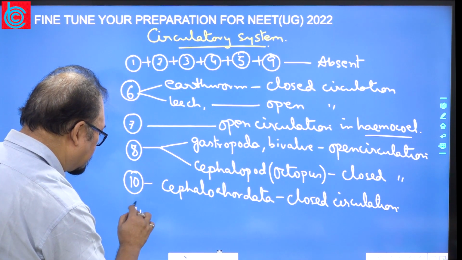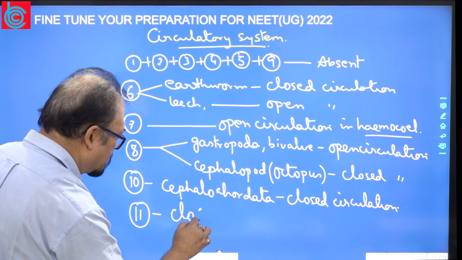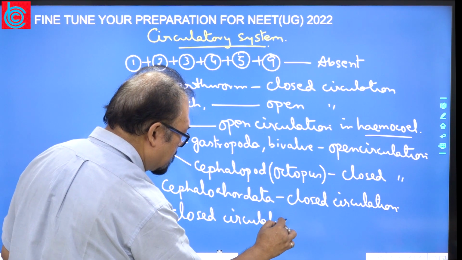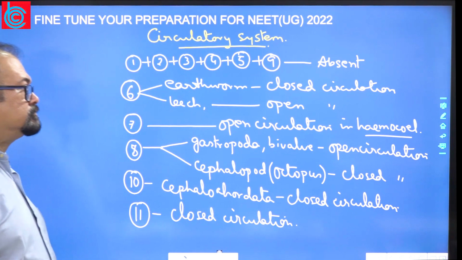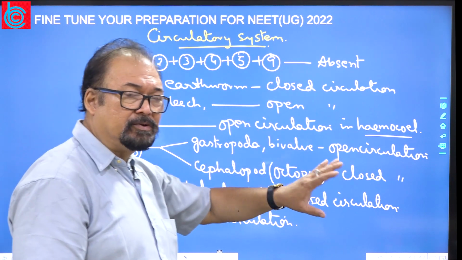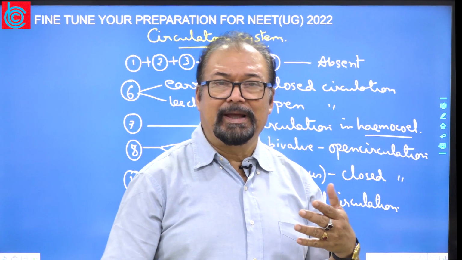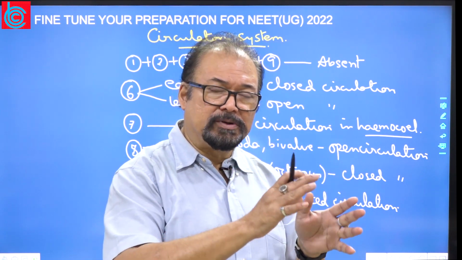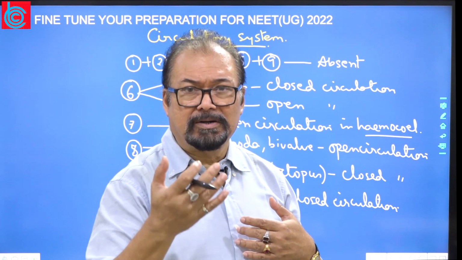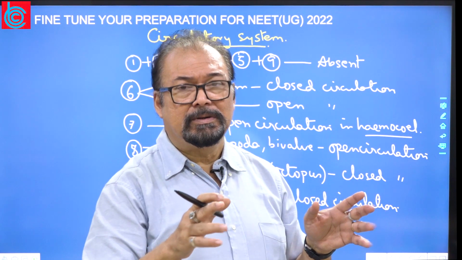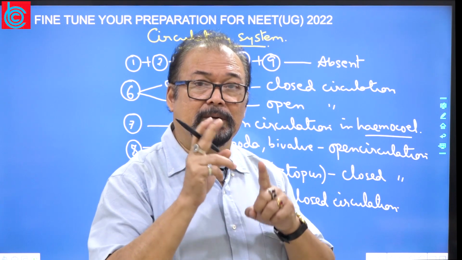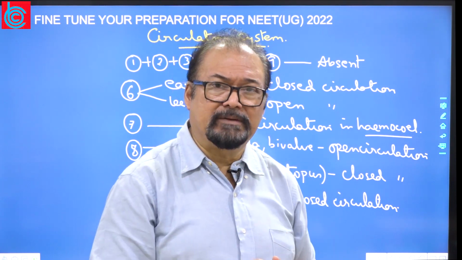And in all chordates, closed circulation. So the main thing, open circulation and the closed circulation, two types of circulation is there. In some animals, blood is flowing in the vessels, closed circulation, like us, like frog, like earthworm. But open circulation, like cockroach, like snail, like oyster, blood vessels are absent, blood is flowing to the body cavity.